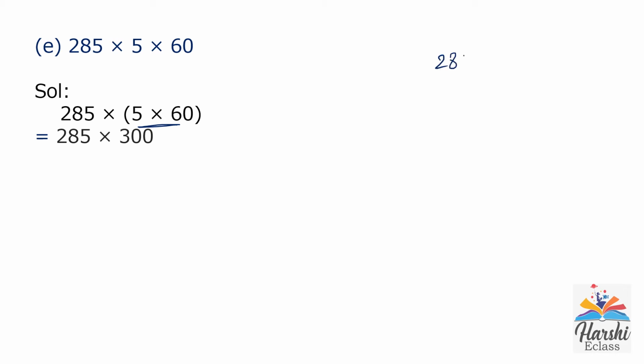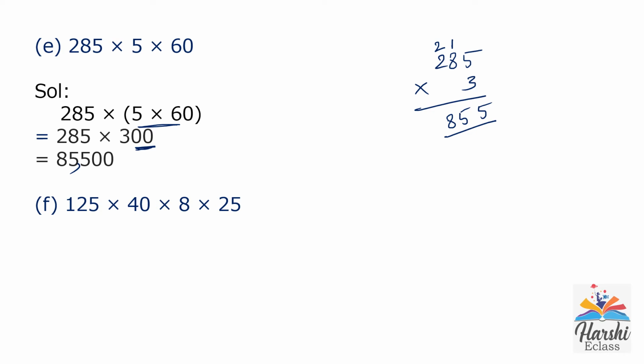Multiply 285 with 3. 3 5s are 15. 3 8s are 24 plus 1, 25. 3 2s are 6. 6 plus 2, 8. 855. Then add two zeros at the end of 855. So it will be 85,500. Next, F1.